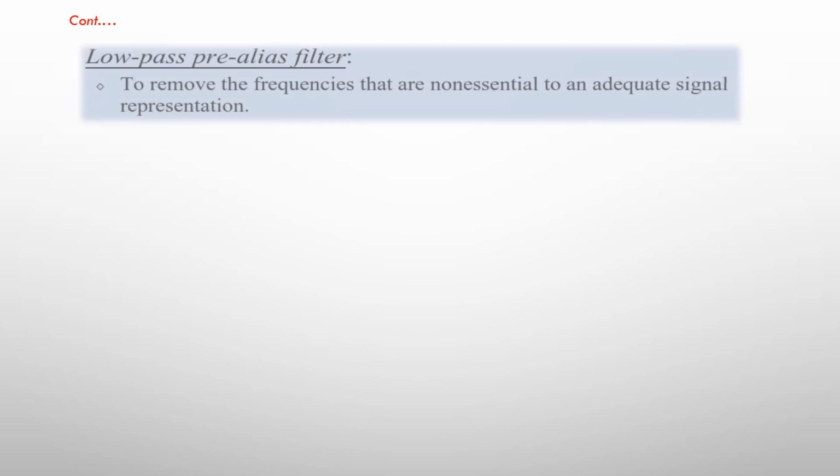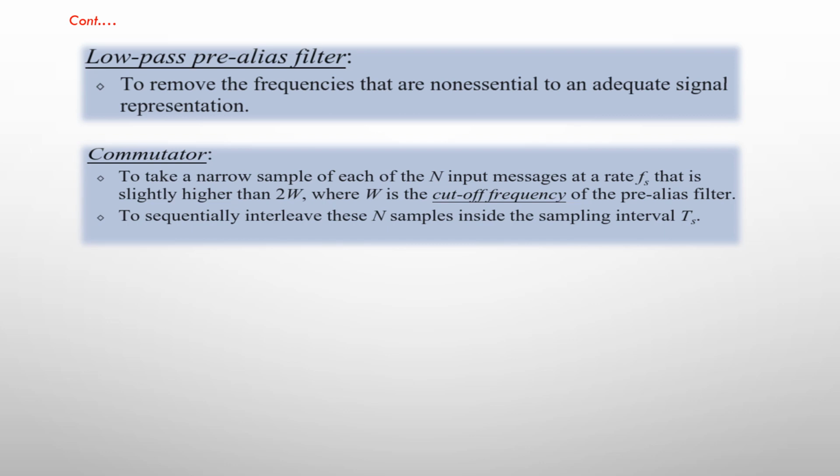In time division multiplexing, the message signal is first applied to a low pass pre-aliasing filter. The main function of the low pass pre-aliasing filter is to remove the frequencies that are non-essential to an adequate signal representation. The output of this low pass filter is connected to the commutator. The commutator operates in two conditions.